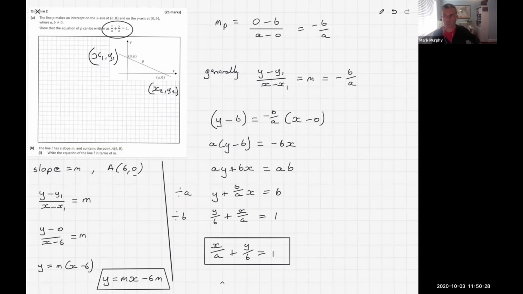Okay, that was 2019. I would say that was fairly straightforward if you knew where to go, if you knew your slope of the line, if you knew which formula to use. Could you have done that by battering through past questions? If you're lucky, you would have come across something similar. But again, just understanding the most fundamental thing, and that's why I went very slowly at the start this morning, is the slope of the line and the equations of the line.